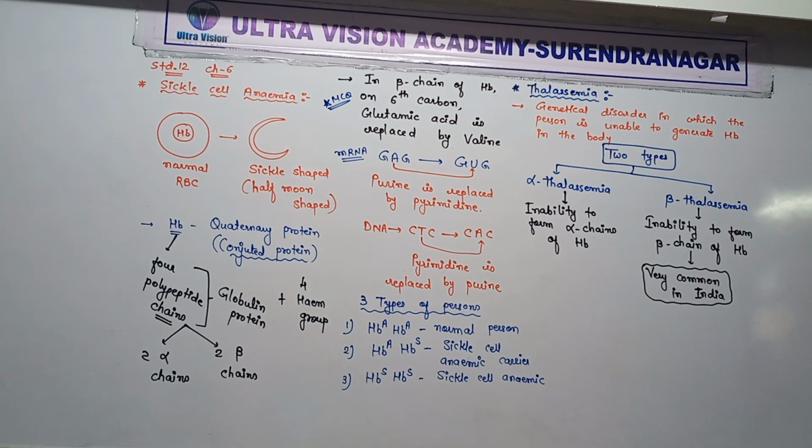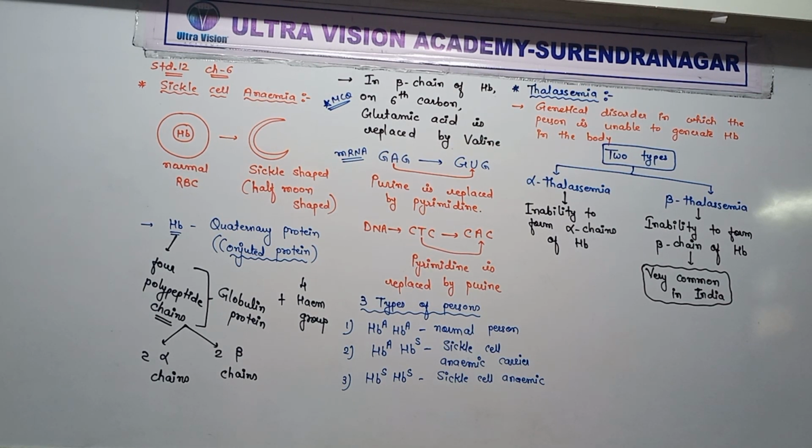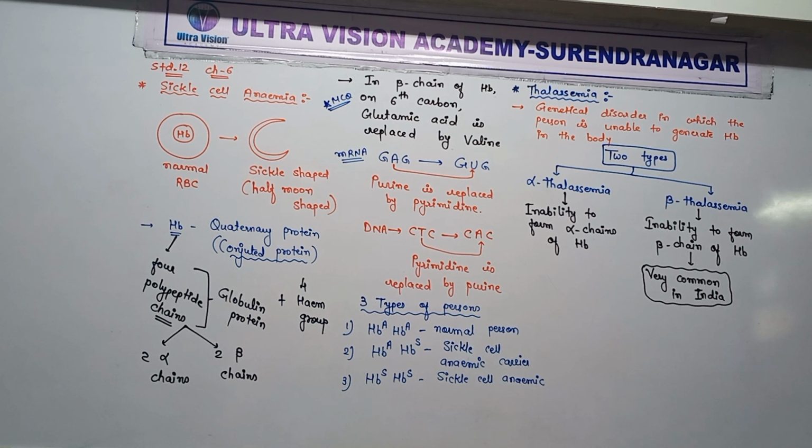So in alpha thalassemia, a minimum of one gene to a maximum of 4 genes are affected. These two genes are present on the 16th chromosome in each parent. So here, it is observed due to the mutation or deletion of one or more of the 4 genes.